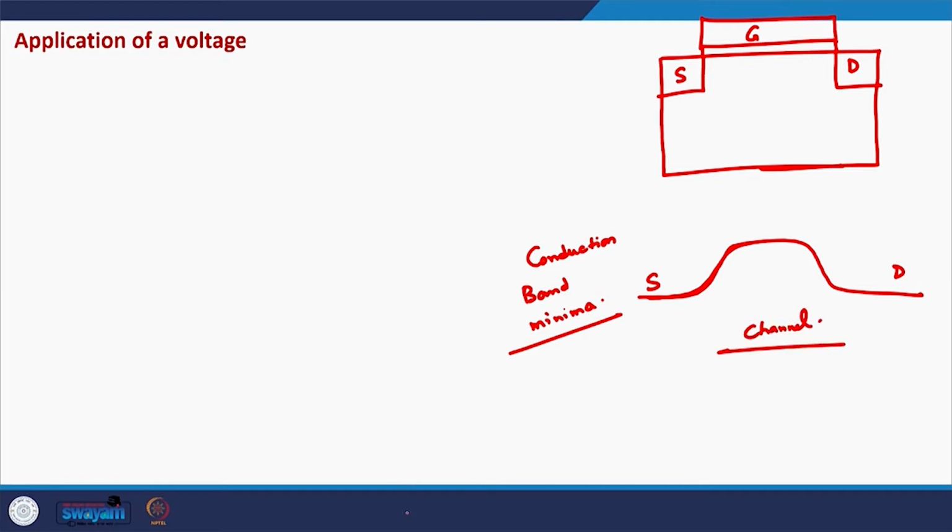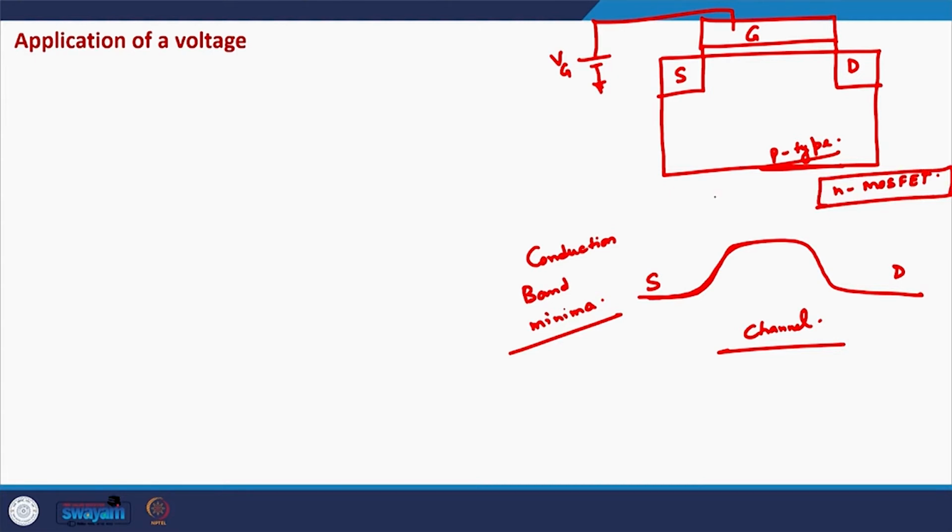Now if we apply a gate voltage, let's say we connect a battery to the gate terminal. If we apply a positive voltage on the gate terminal, and let's say we are talking about an N-type MOSFET, which is generally assumed when the type is not specified, it means the substrate is P-type and the channel is N-type.